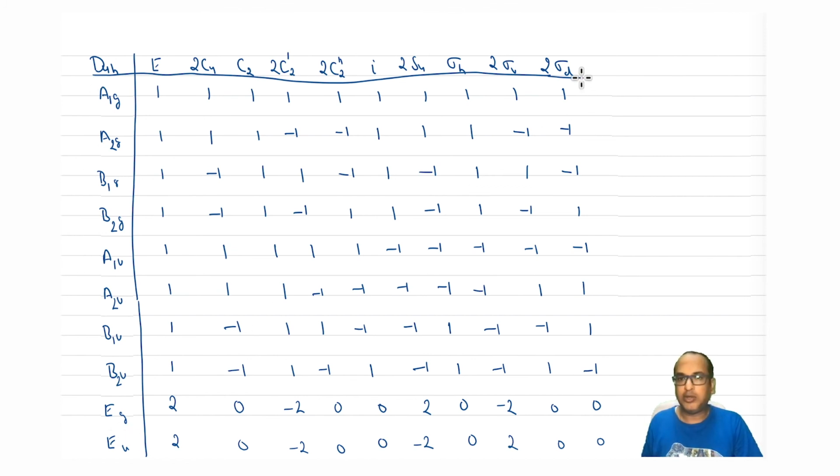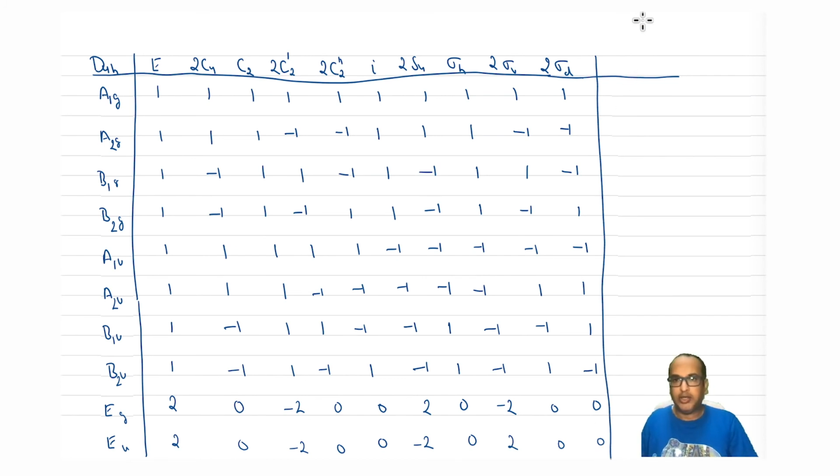Now let us also try to work out the basis sets, because it is still not a complete character table. So the unit vector transformations that we have to take are x, y, z and rx, ry, rz. Okay.